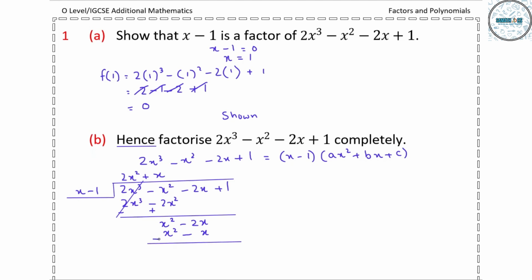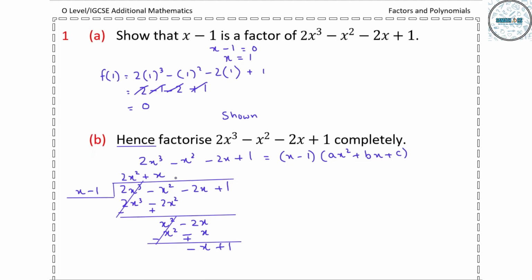When we subtract, we will get 0 here. And when we change the sign of this minus, it will become plus. Minus 2x plus x will be minus x. We will take this here, plus 1.